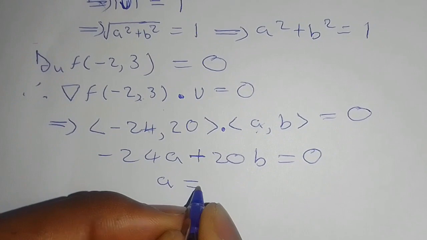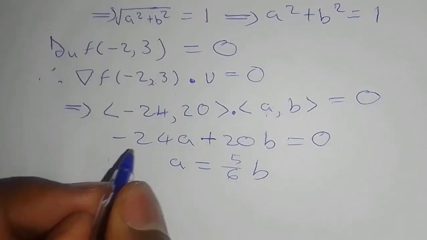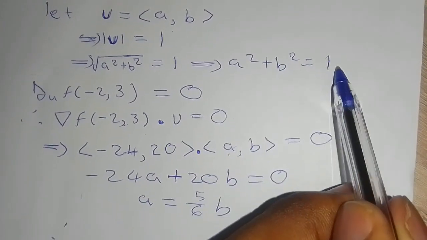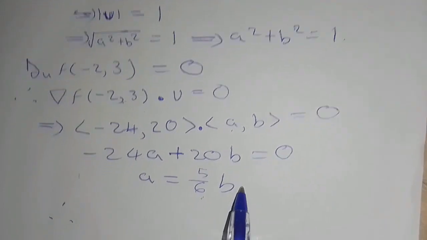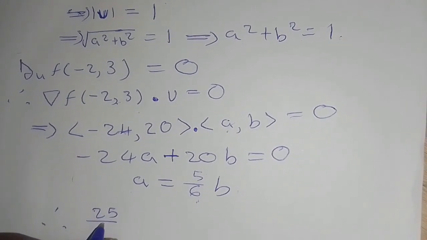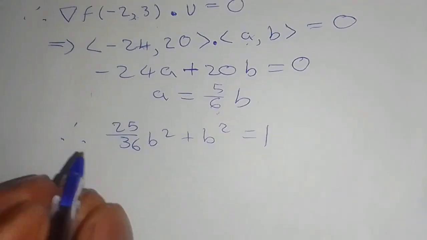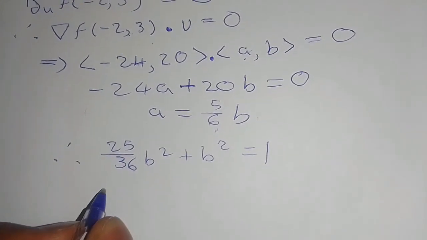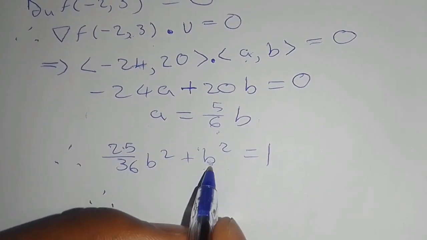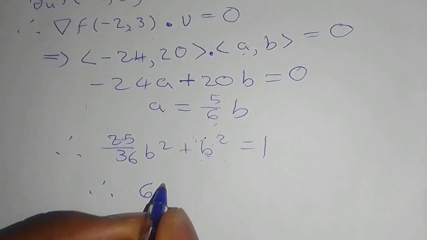If you solve for a, you get a equals 5 over 6 times b. But we know that a squared plus b squared equals 1, so this implies 25 over 36 b squared plus b squared equals 1. That gives us 61 over 36 b squared equals 1.